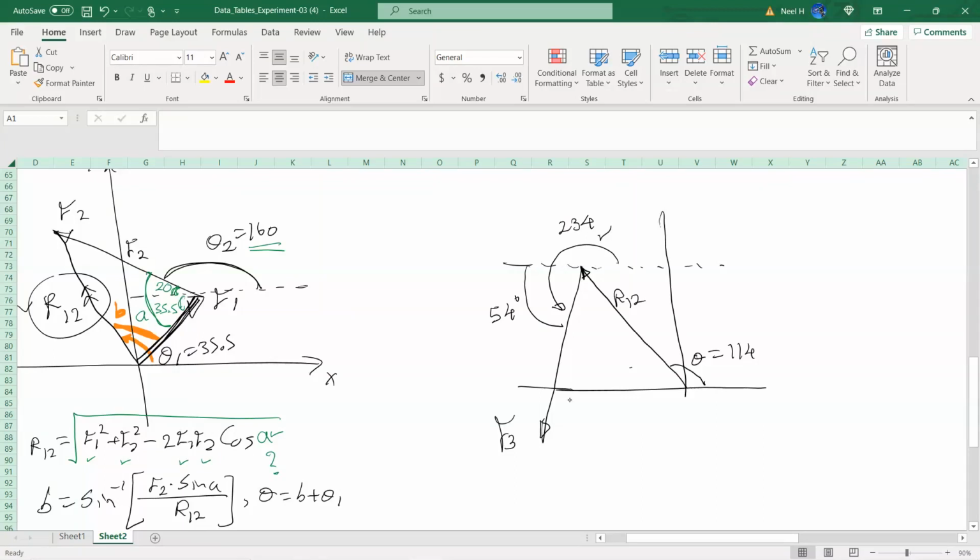We may need that, that's why I just figured out that one. Then this is 114, which means I can find easily this angle, right? This part of the angle, 180 minus 114, which is about 71.66. Okay, any question, guys?